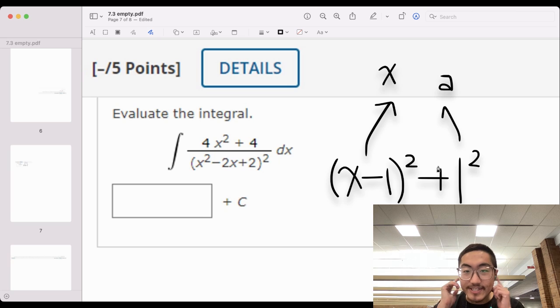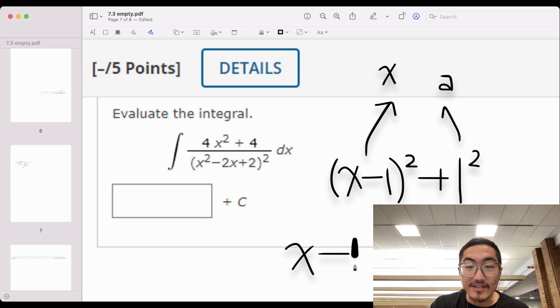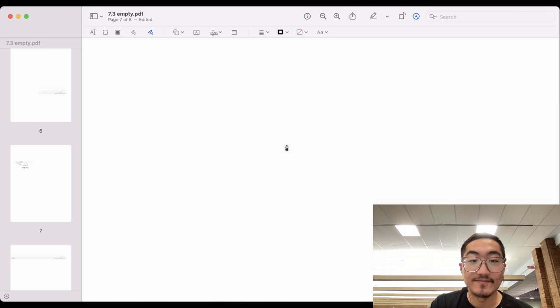So you just need to set x minus 1 equal to 1 tangent of theta. That's what you need to do for this.